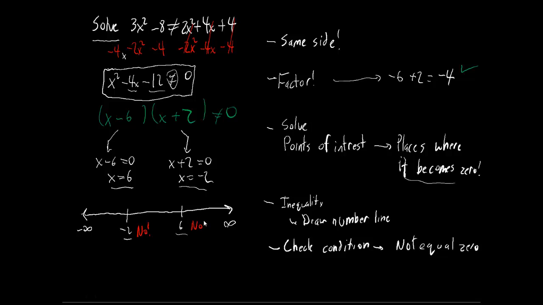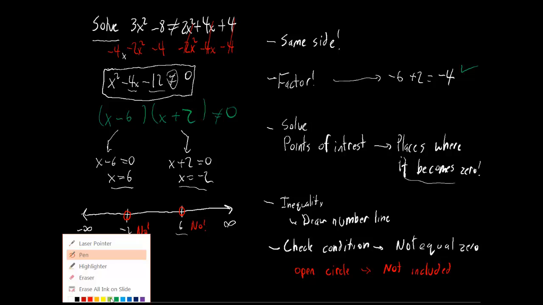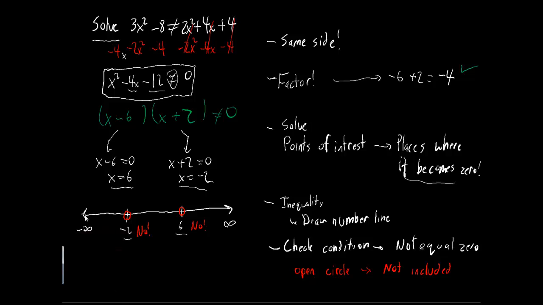We're going to say no to both of those. So to show that we cannot include them, we will put an open circle in both positions. Make a note of that on the side. An open circle means it is not included in the answer. However, any number other than -2 and 6 is part of the solution. I'll outline everything else on the line in green, like this.